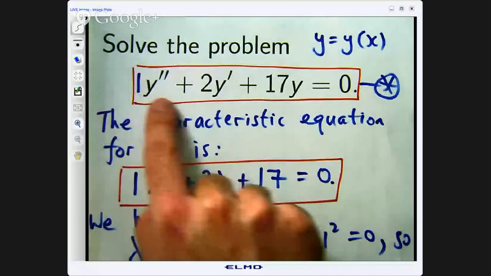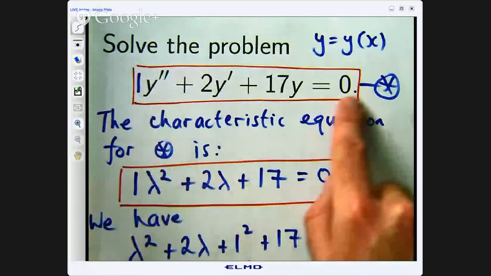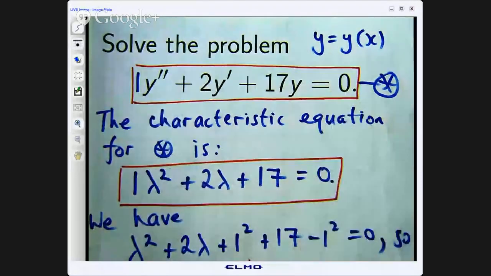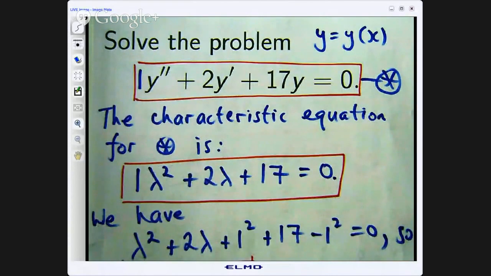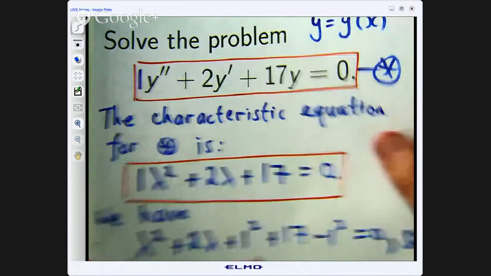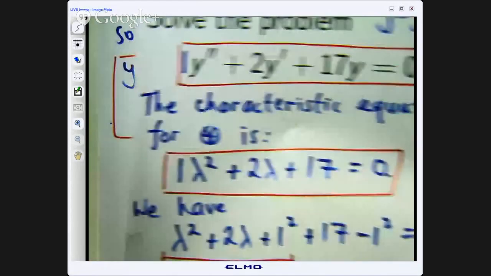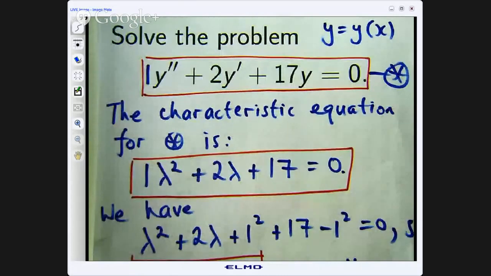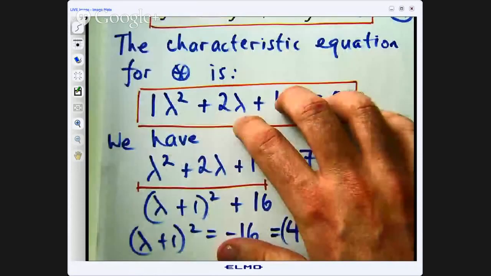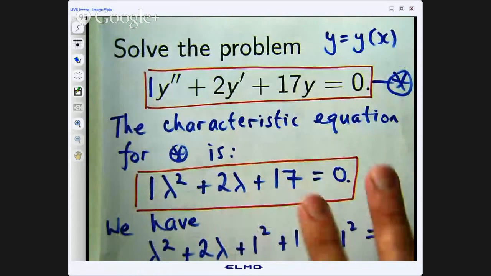You can break this down to a system of first order problems, and you solve one and then the other. Okay, and that's where this solution comes out of. All right, so it is based on firm ground. Okay, but this method is very fast, and it's just fantastic.